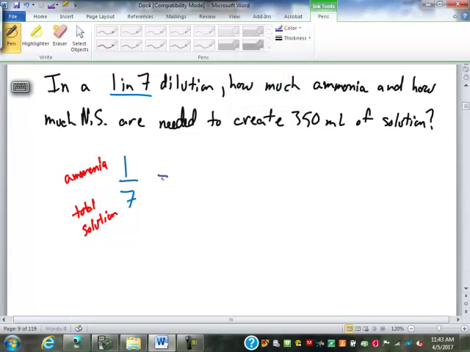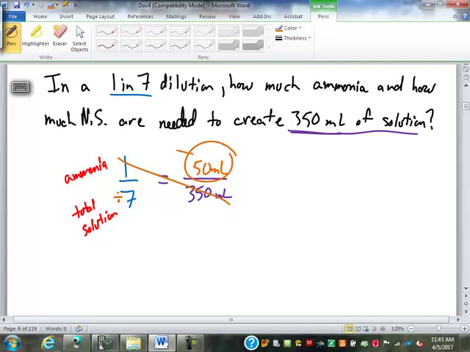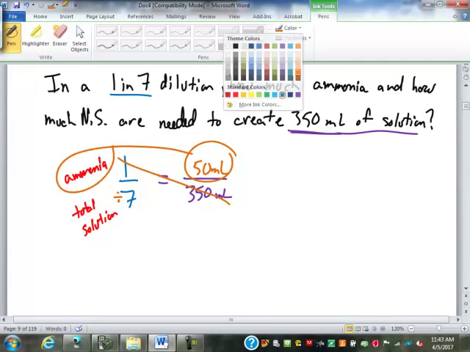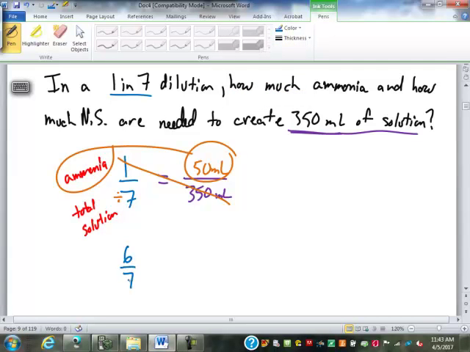Up top here, do we have a number that represents either one of those? Well, the 350 represents what? Total solution. Good. 350 milliliters. So now we're going to cross multiply and divide. 1 times 350 divided by 7 gives us 50 milliliters. That's the amount of ammonia. To find the amount of water, we could redo our ratio and do 6/7.